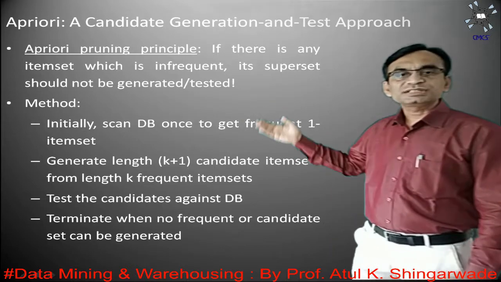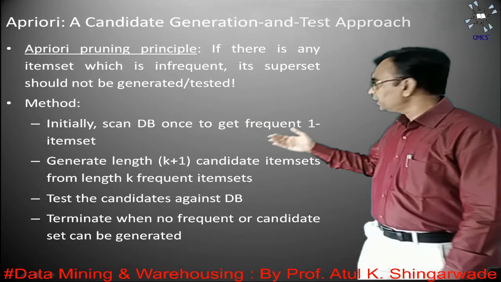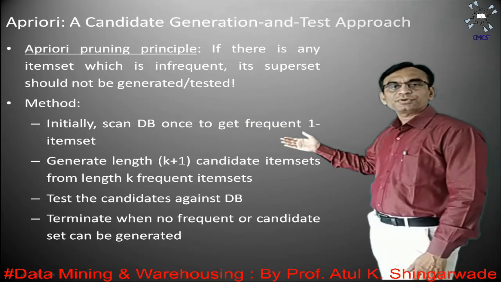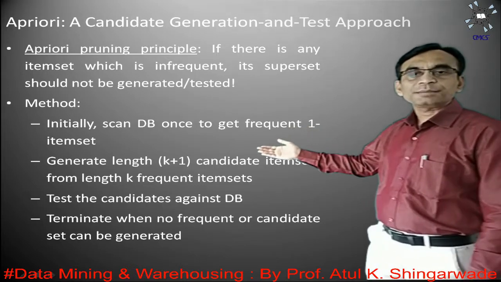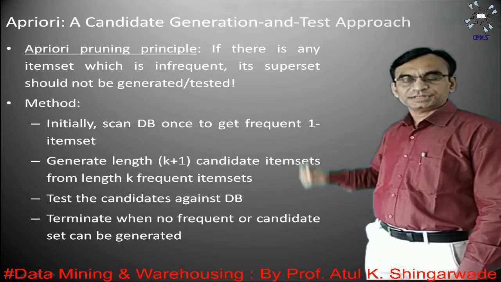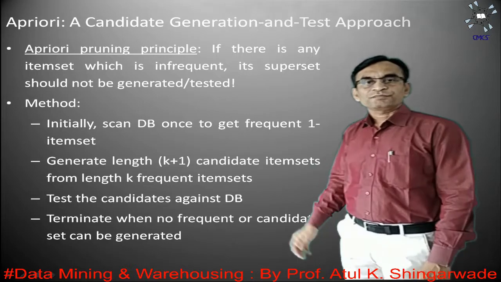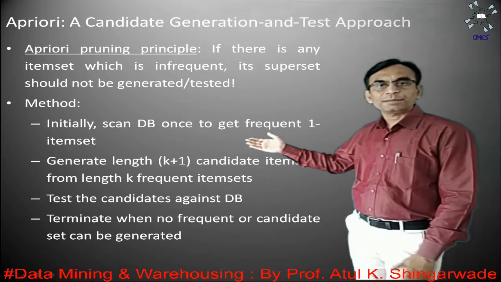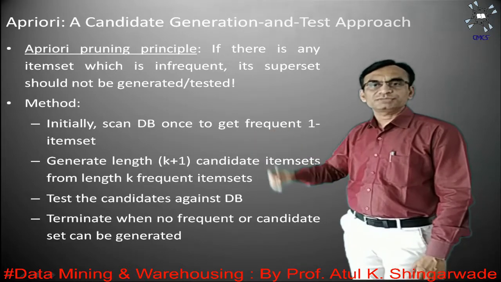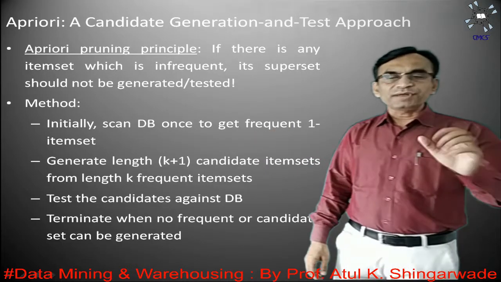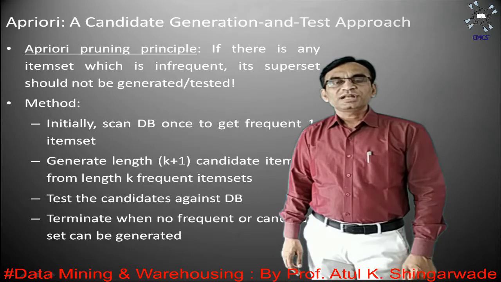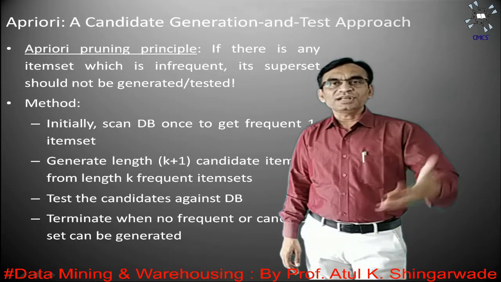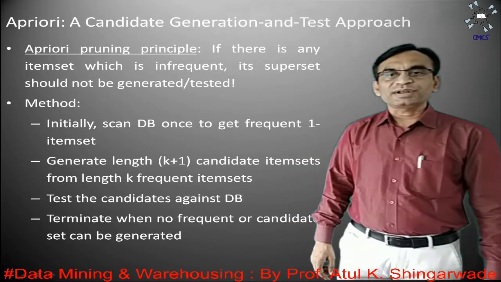Now, what is the methodology for the Apriori pruning principle? The methodology says that initially we scan the database to get the frequent one item set. At the start, we have to scan this particular database to get the frequent one item set. Here we always go on increasing the item set.